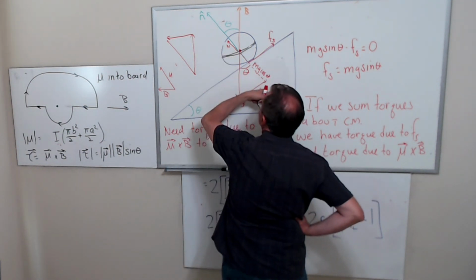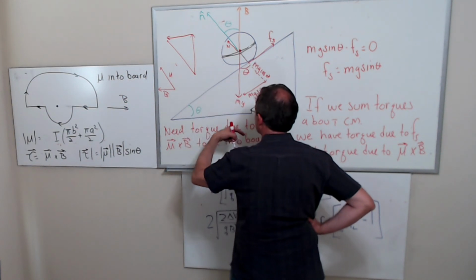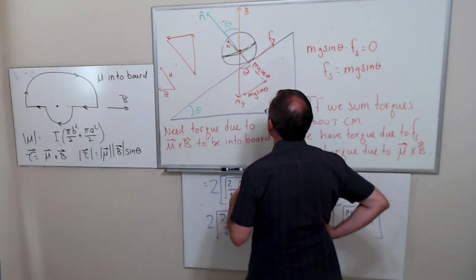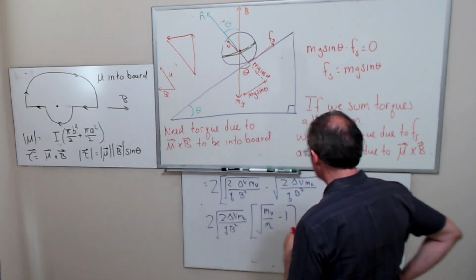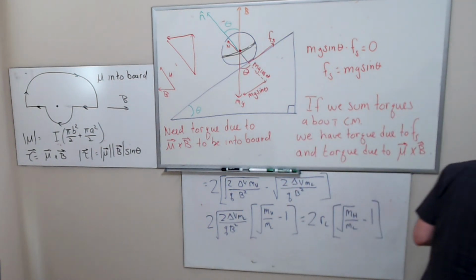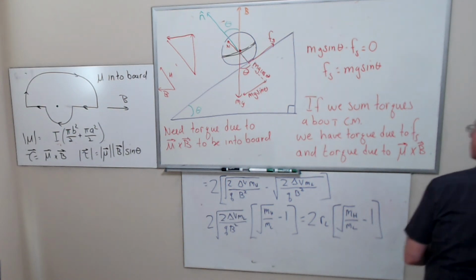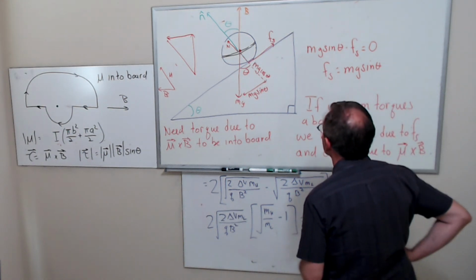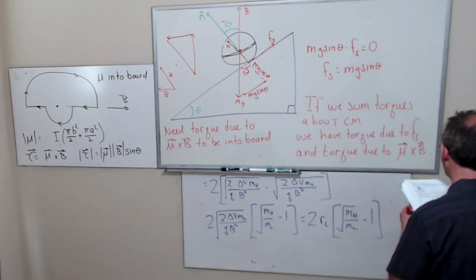But if mu points downward, the component of B along mu points in the opposite direction. So mu has to point downward. Okay? Mu has to point downward. If I did that right. It seems like I didn't do that right.